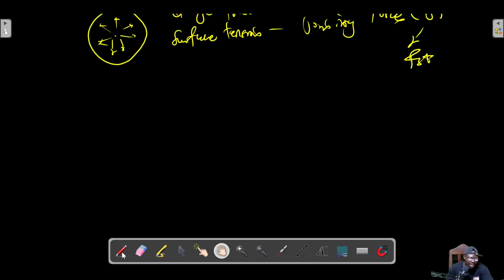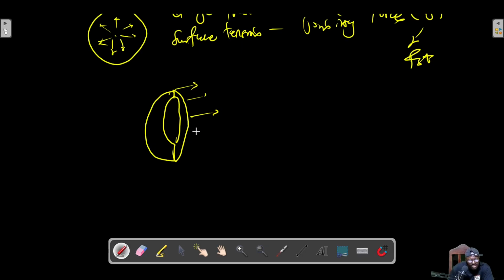Now, the bursting force, let's say it has separated our bubble into two, and as I said, for a soap bubble, the interfaces are two. So this is how the diagram is going to be, and the surface tension forces are going to be acting perpendicular to the interface.